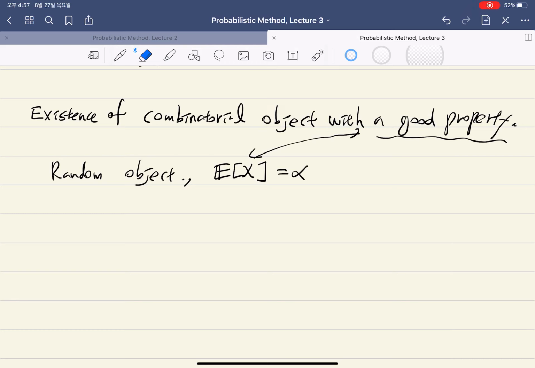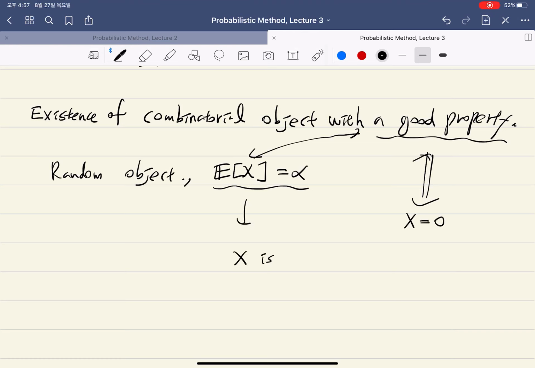But sometimes this good property and this expectation can be slightly off. For example, this good property is ensuring this X to be 0, but here X is small instead of just being 0.